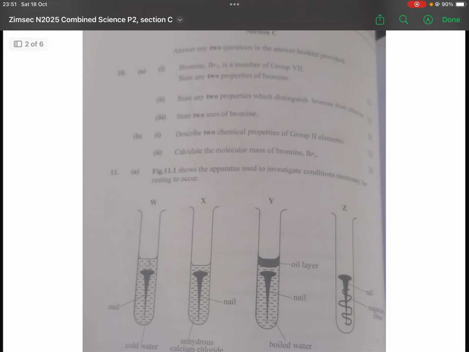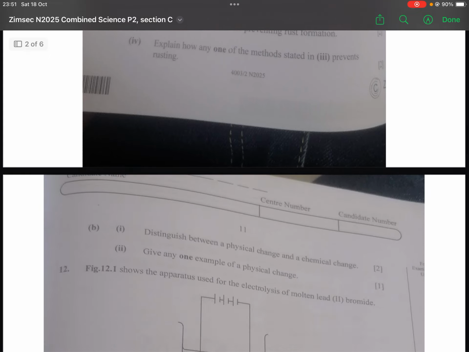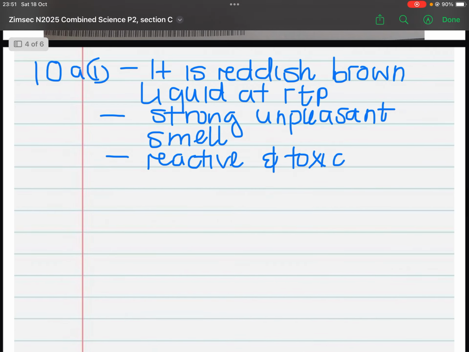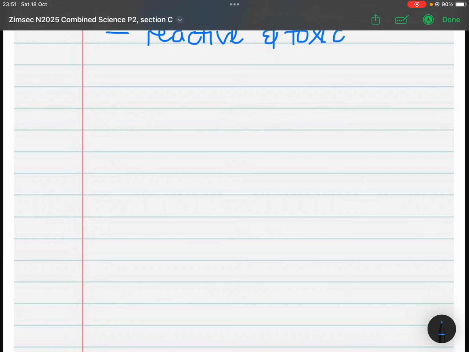In the second part of the question, we are required to state properties which distinguish bromine from chlorine. So we need to create a table where we are going to compare chlorine and bromine, right? So you need to come up with a table like this.